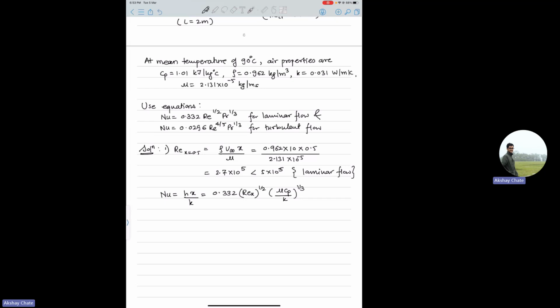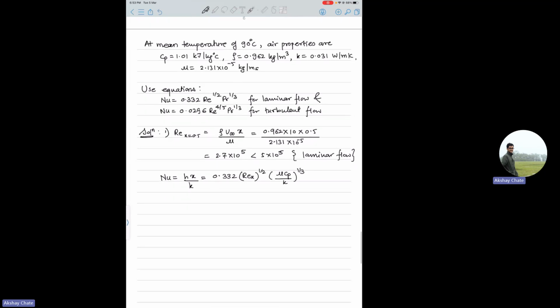So all these values are given, and if you put all the values you get the h. I'm skipping a step here, you can cross check the calculations. You get h as 9.49 watt per meter square Kelvin.